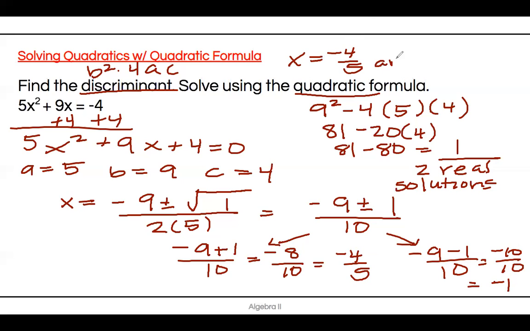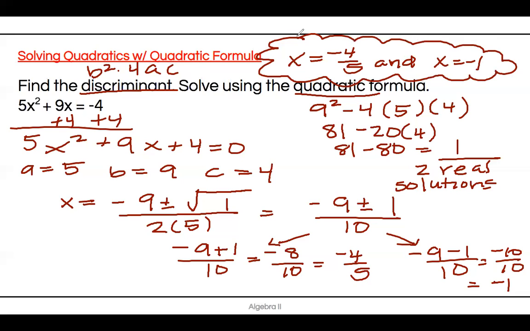So x is equal to negative 1. So here's my solution. x is equal to negative 4 over 5, and x is equal to negative 1. Any questions?